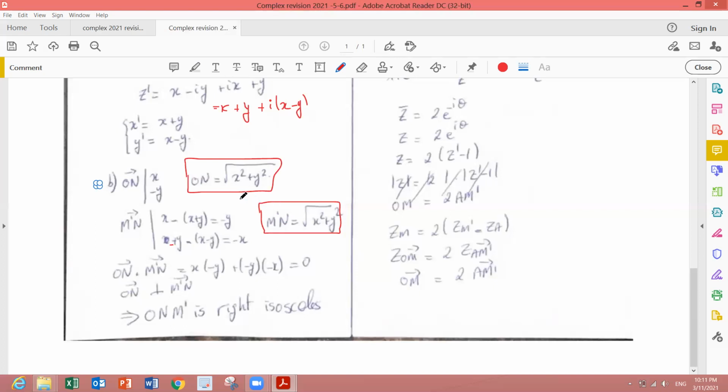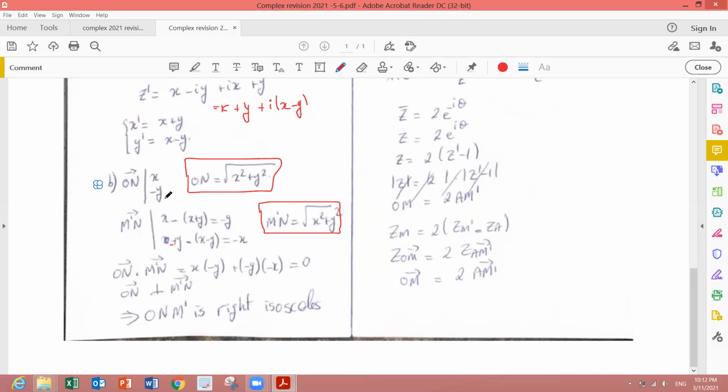To prove it is right, we can calculate the length of OM prime and apply Pythagoras, or we can use the scalar product ON dot M prime N, which is xx prime plus yy prime.